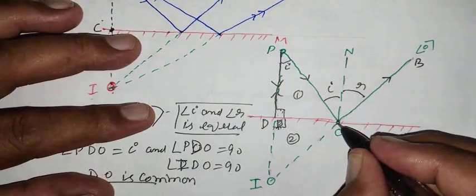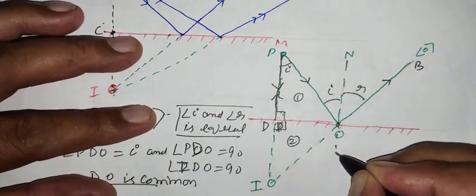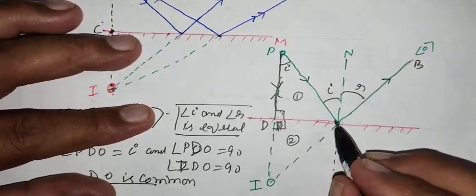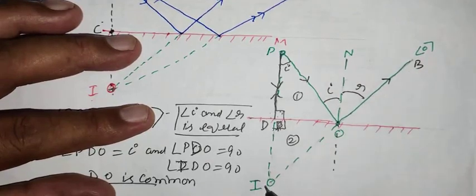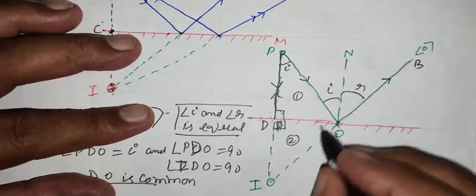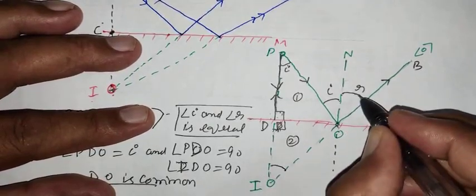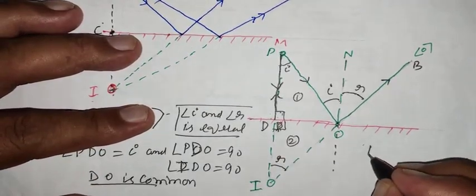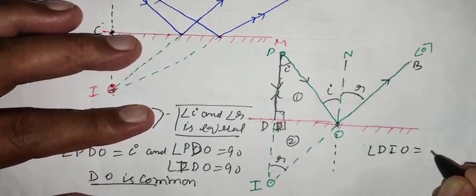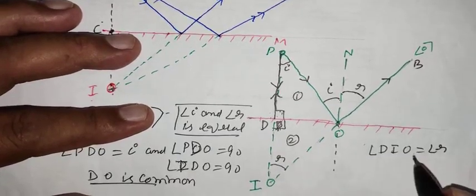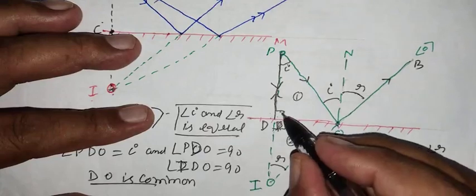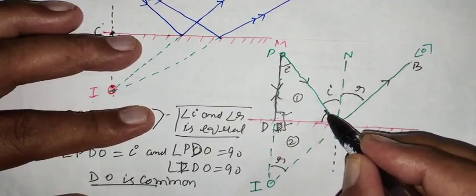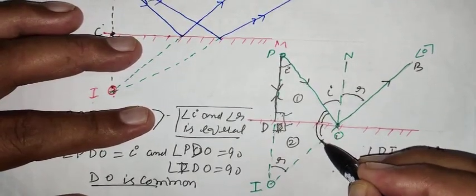See here in this diagram, when we extend these two parallel lines, the same ray is intersecting both lines, so corresponding angles are equal. If this angle is r, this is r also. It means angle DIO is the angle of reflection. Since i and r are equal, and these two angles are 90 degrees, these two angles are also equal.